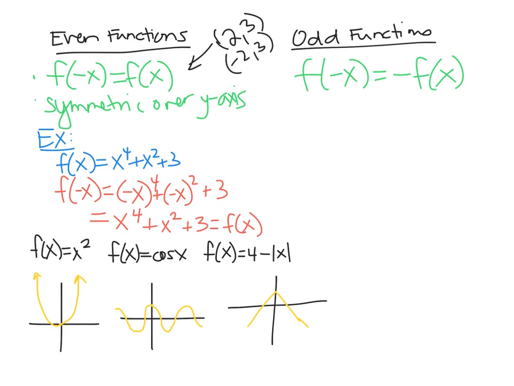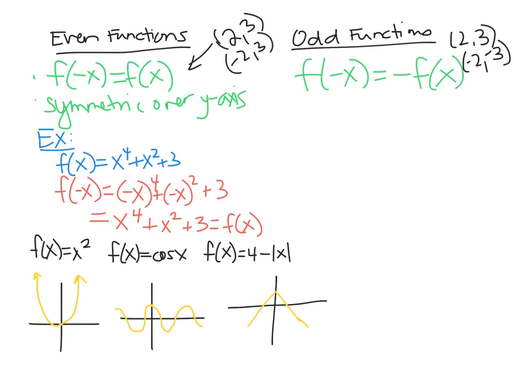You don't need to write that down unless you write an explanation as to why, but that's just what an even function is going to be. With an odd function, if you had something like 2, 3 on your graph, that would mean that you would also have negative 2, negative 3. So that's the difference between the two.